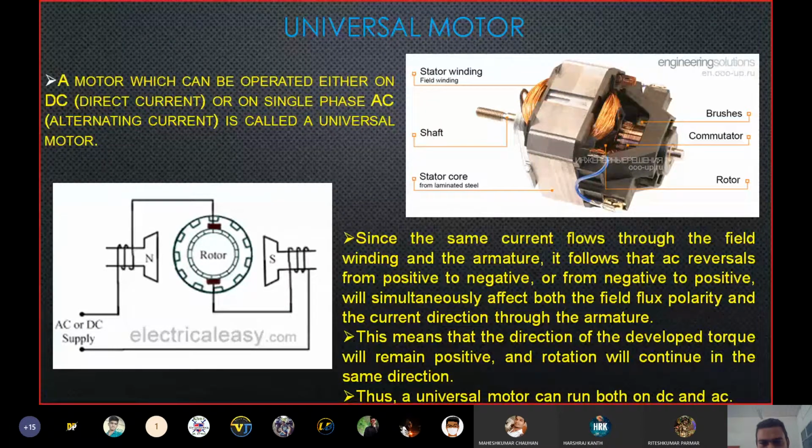This means the direction of developed torque remains positive in both half cycles, and rotation continues in the same direction. That's why a universal motor can run on both DC as well as AC.